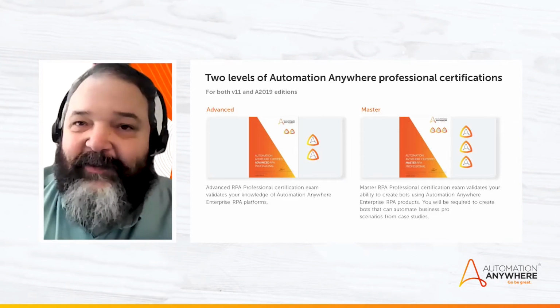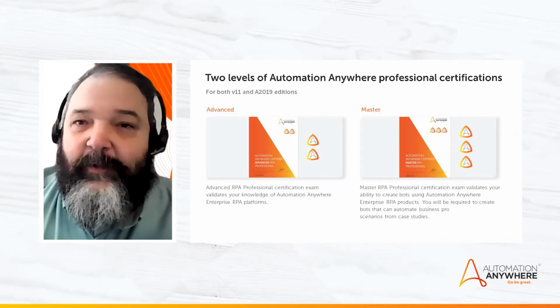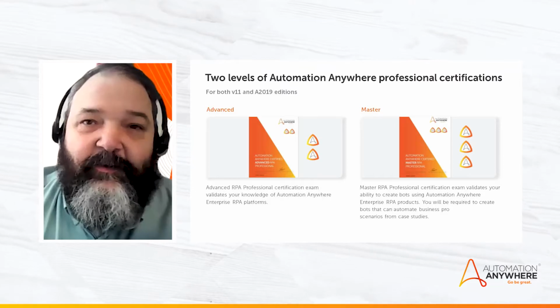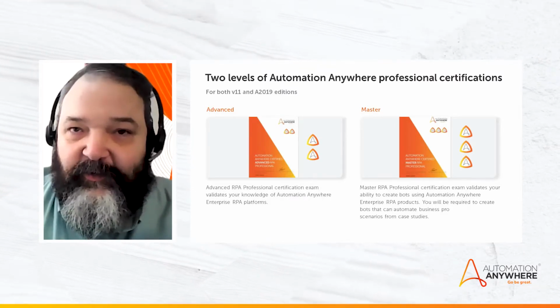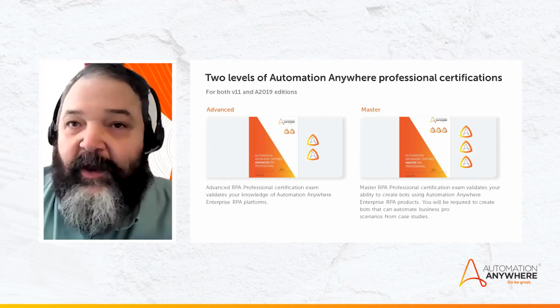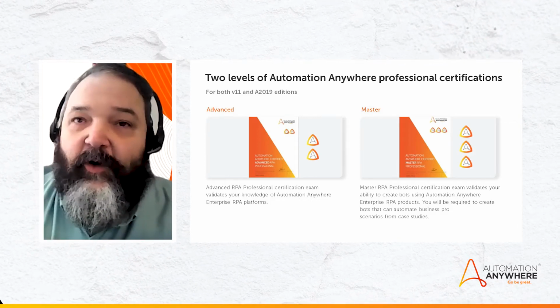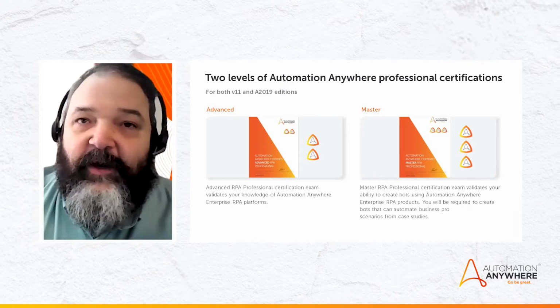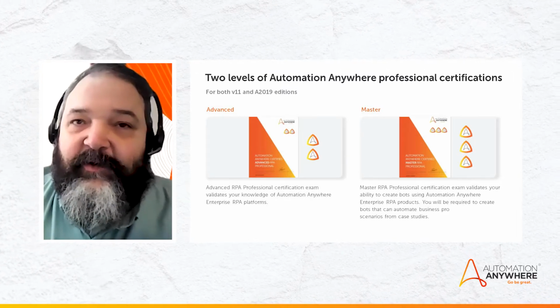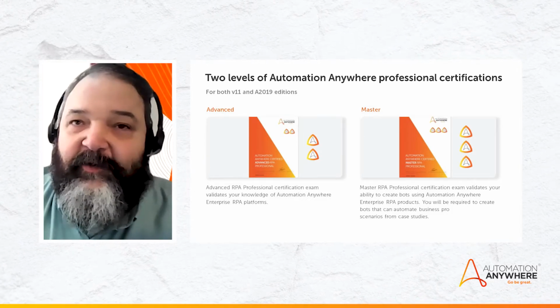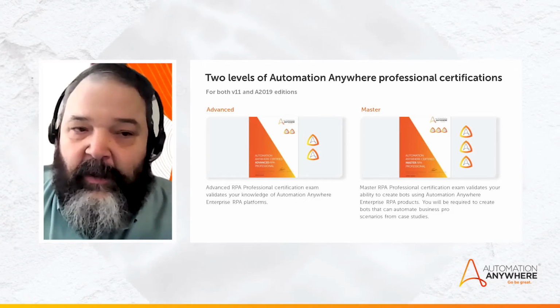It tests you at the bot developer or citizen developer level. In A2019, we're not asking you any questions about how to manage a control room or manage user roles and responsibilities. Those are open in the V11 version of the training, but for A2019, we're focusing only on the types of questions and answers you'd be able to answer if you were a bot developer.